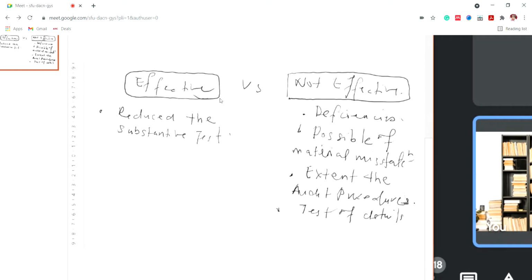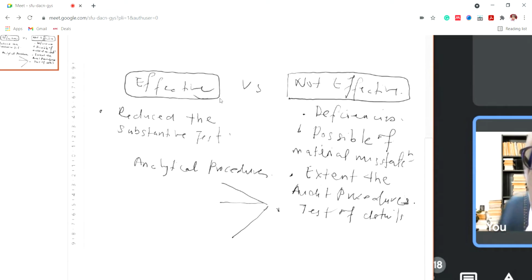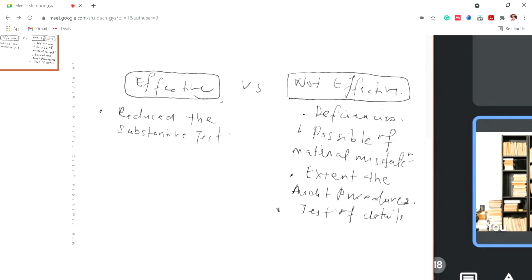Okay, test of details. You have the analytical procedures. Okay, you have to perform the test of detail. Test of detail, you have only two: details of transactions and details of balances. Transactions and balances.